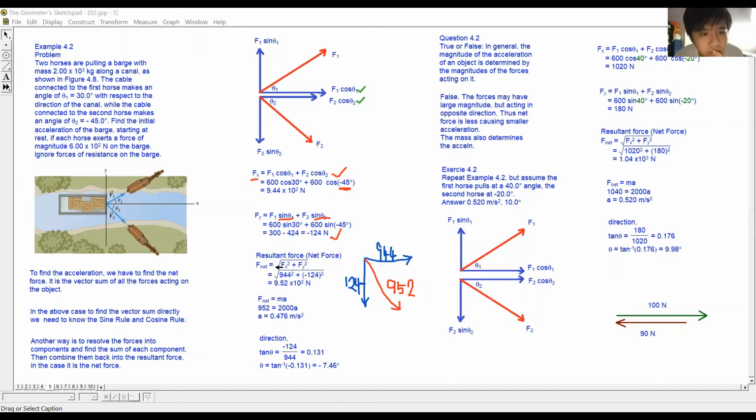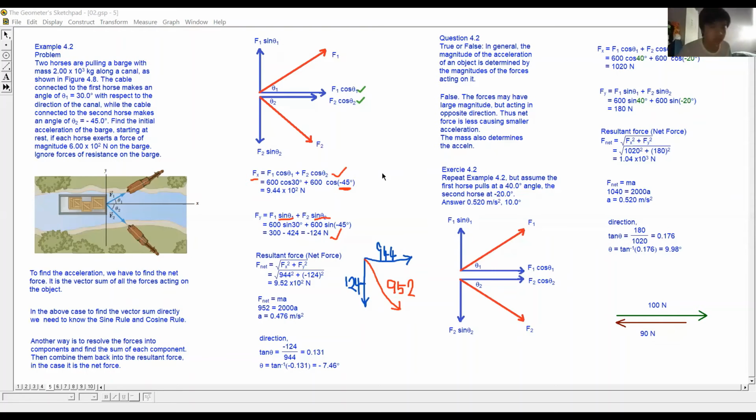The Pythagoras theorem to combine them back is square root of fx squared plus fy squared. Now, when you use your calculator, you type the square root sign, then you produce a bracket, then you type 944 squared plus 124 squared.